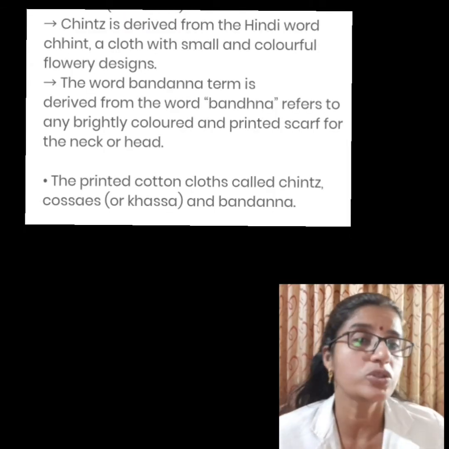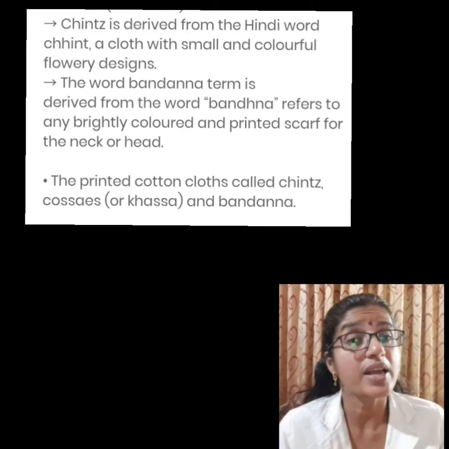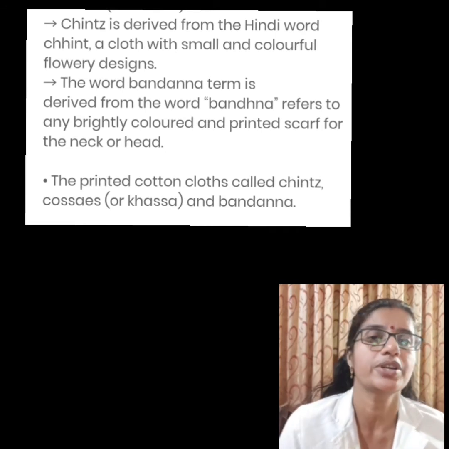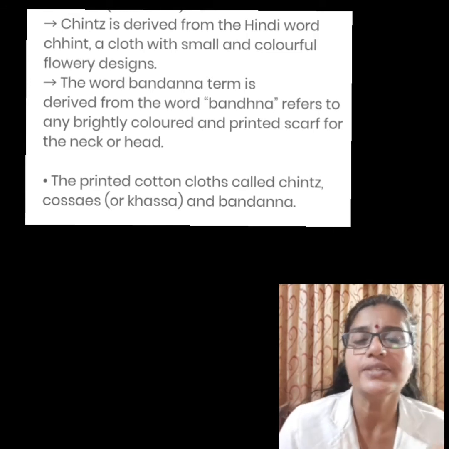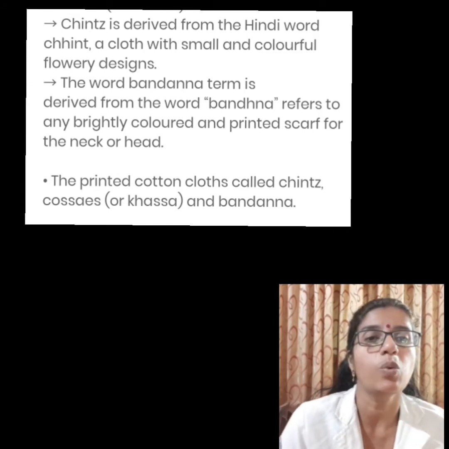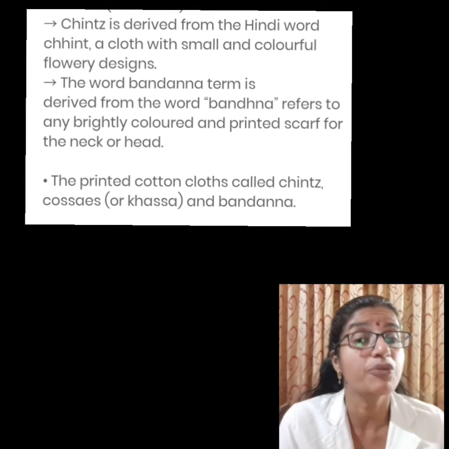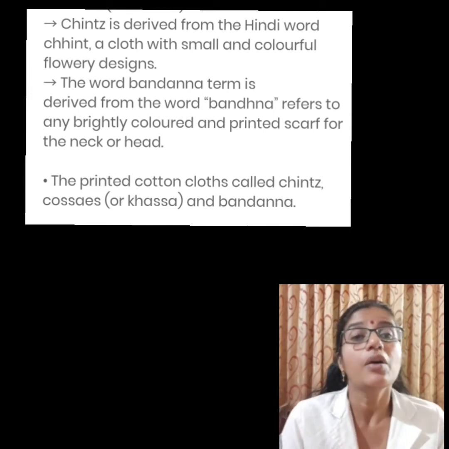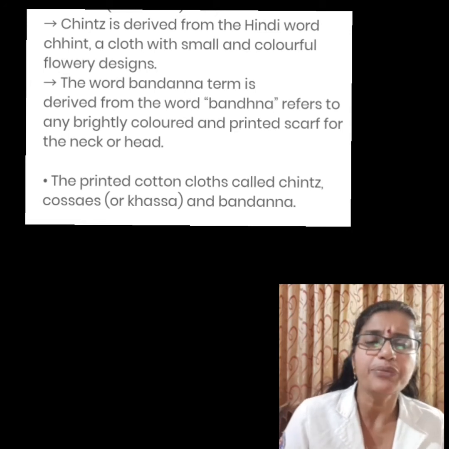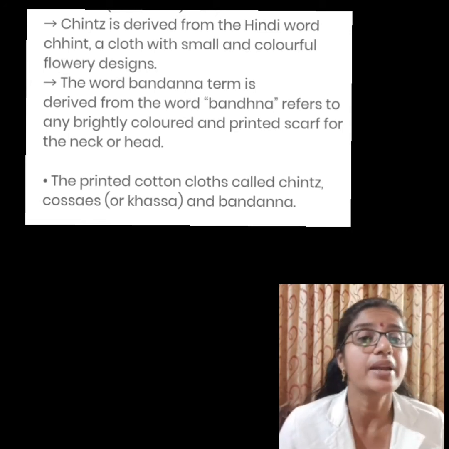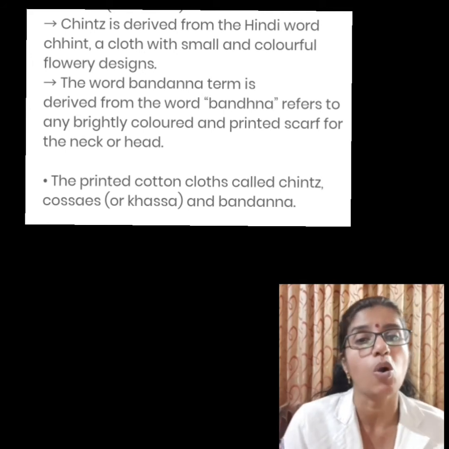Printed cotton clothes called chints, kossas or khasa and bandhana were also in great demand. The chint is derived from the Hindi word chint, a cloth with small and colorful flowery designs. The word bandhana referred to any brightly colored and printed scarf for the neck or head.